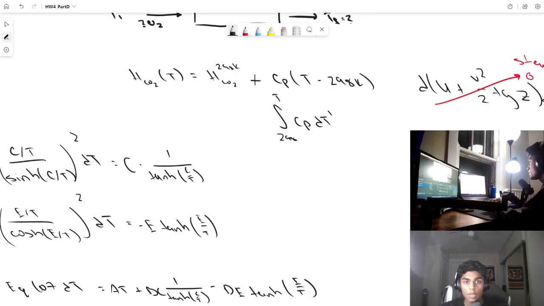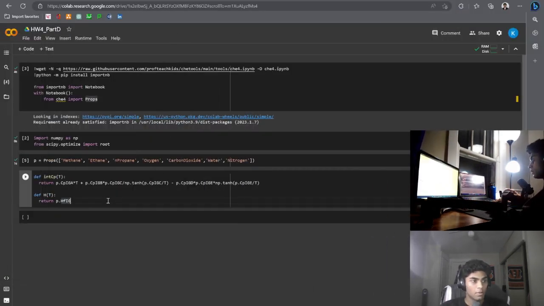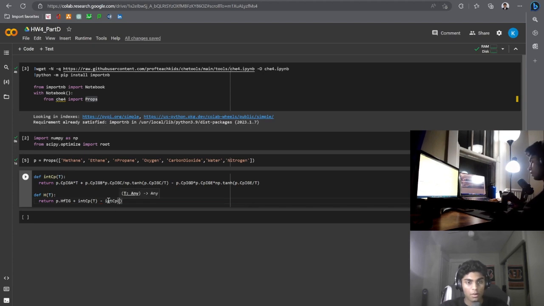That's supposed to be a plus, so I've corrected that. So plus the int CP of T minus the int CP of 298. And that should more or less do it for the two functions that we're going to be using for this code.